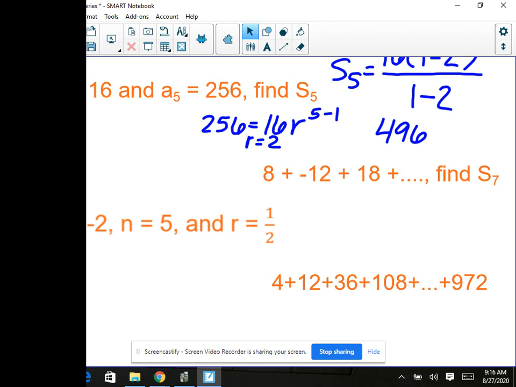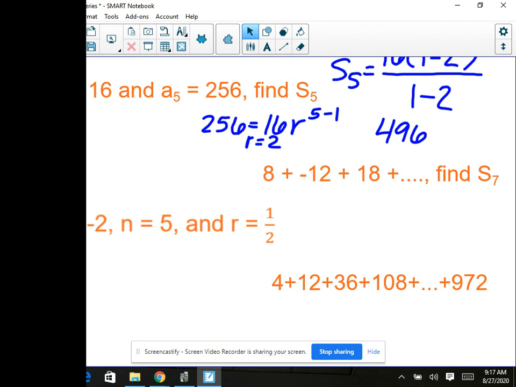So what are we missing on the first example over here? What are we missing when we set up the equation? Do we have everything we need? I'm just asking.